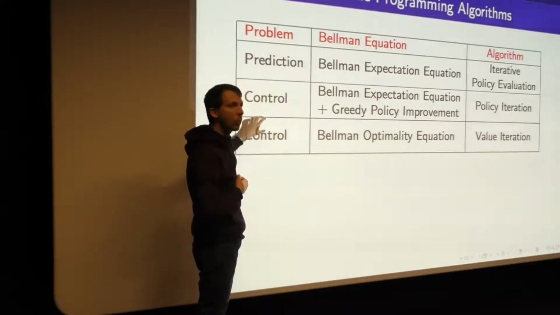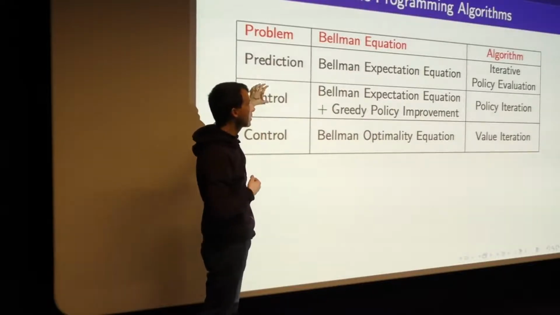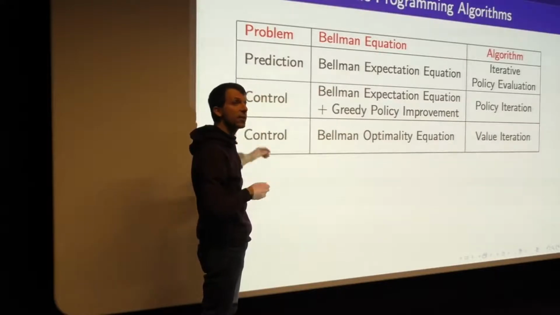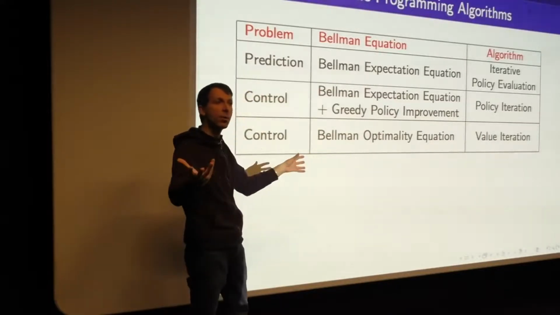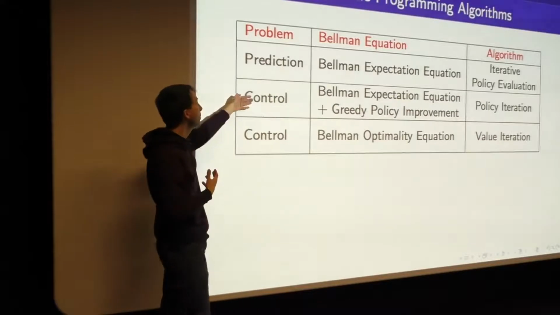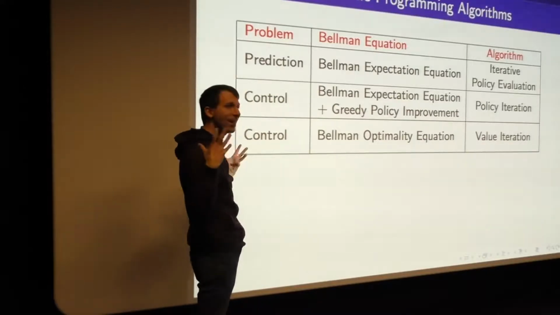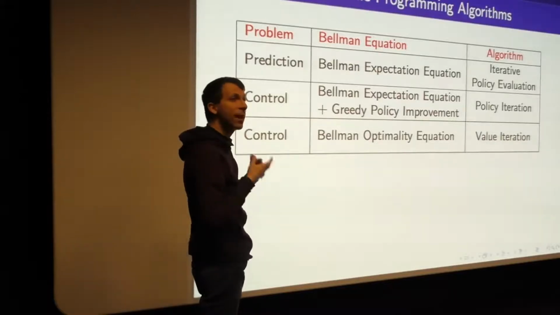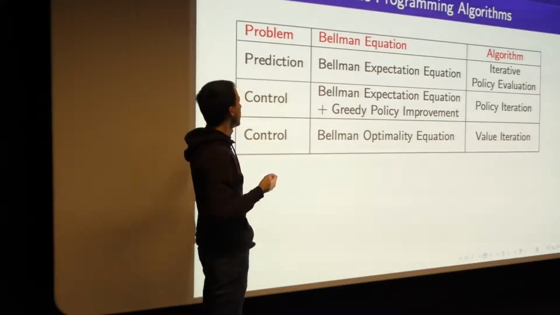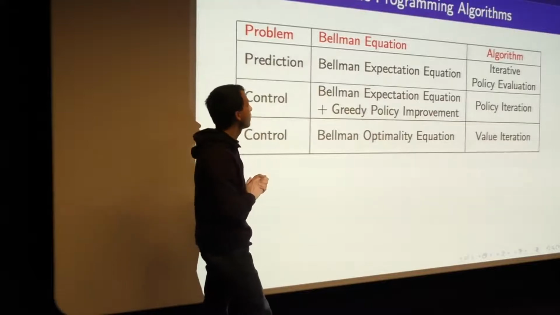We consider two different ways to do control: first, using policy iteration, and secondly, using value iteration. These are two different families of algorithms that both address the same problem type, which is how to get the most possible juice out of your MDP, how to maximize the total reward, how to find V star rather than V pi, and hence the optimal policy.